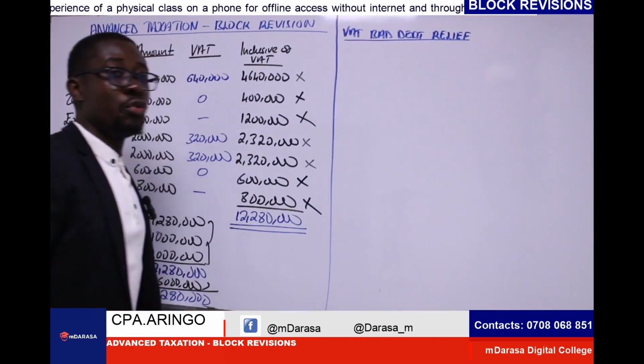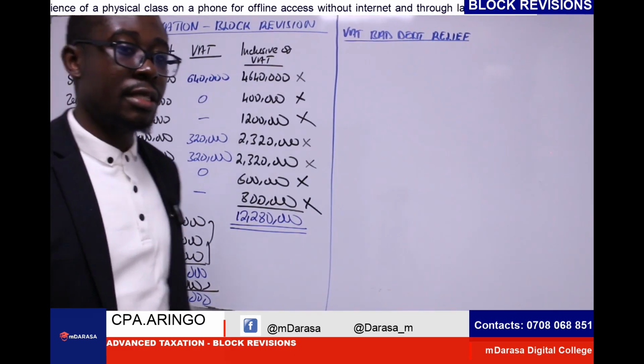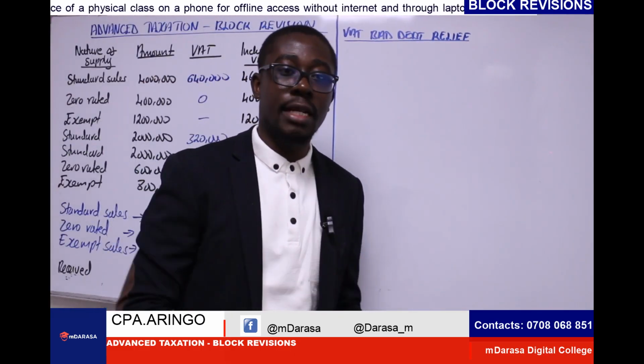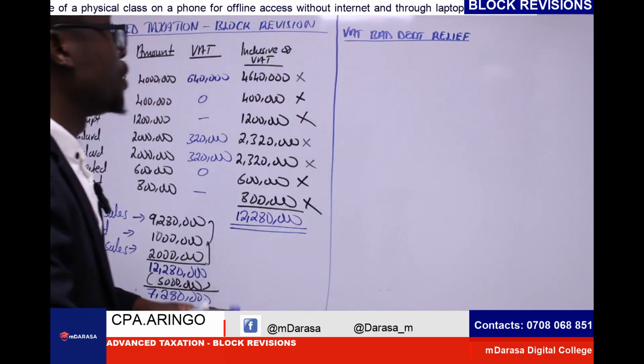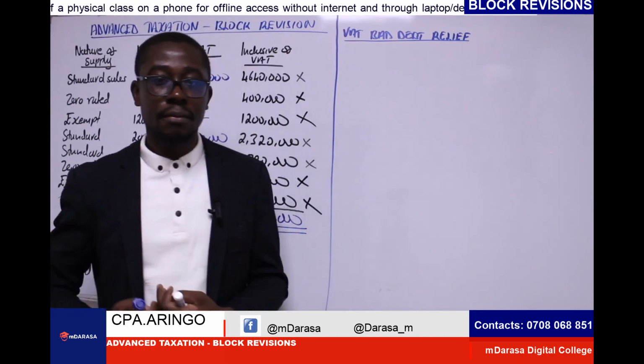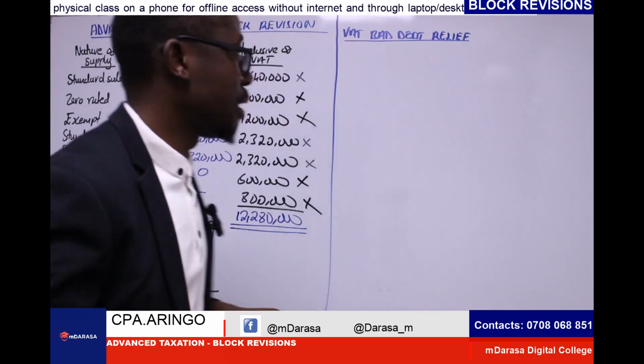So how will we go about it? Remember, VAT will only be chargeable on the items that were subjected to VAT, which was standard. So we need to determine the proportion of the standard that had not yet been paid. The proportion of the standard sales that had not yet been paid.